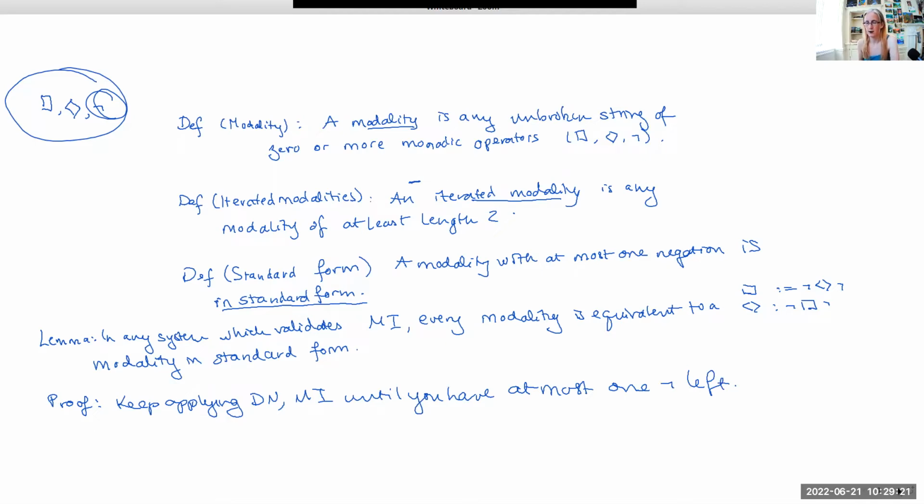I have to switch mice in order to get my new whiteboard page. So let us consider the string necessarily, not, possibly, possibly, necessarily, possibly, not, possibly, necessarily, not P. This will be equivalent to, well, first, let's do some modal interchange.